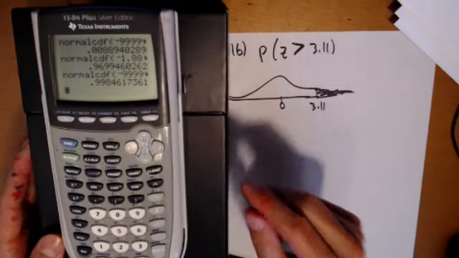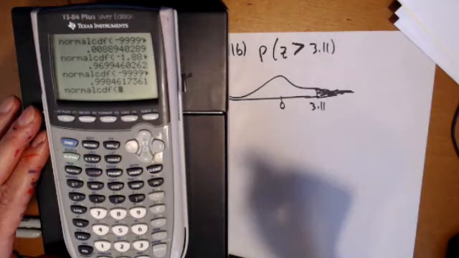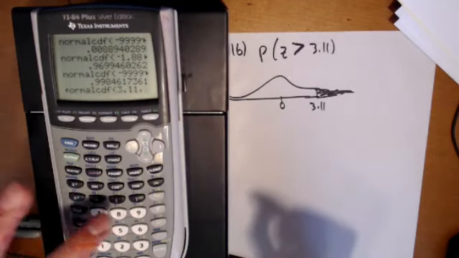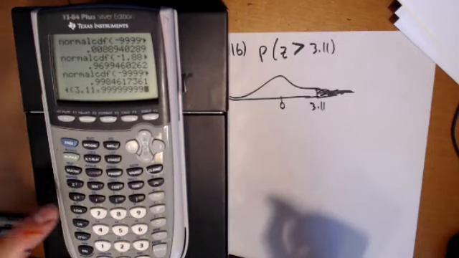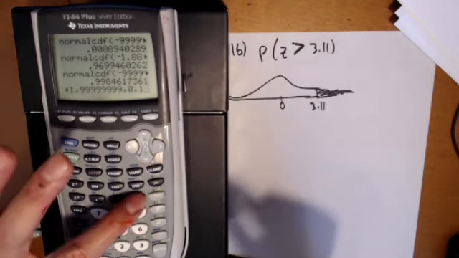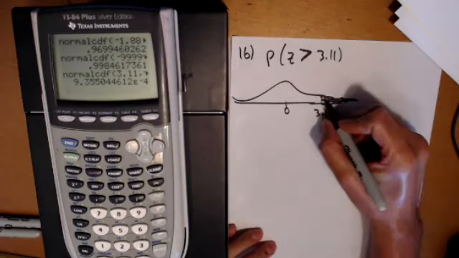So, distribution, normal CDF, enter, lower bound 3.11, comma, upper bound 9999999, comma, 0, comma, 1, end parenthesis, enter. Ooh, so not much shaded.